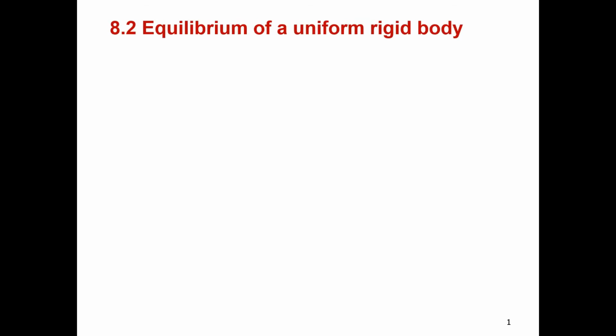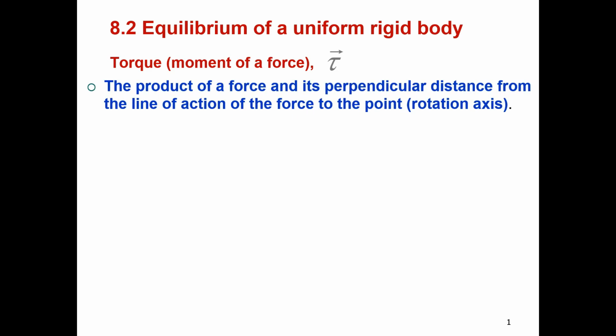The second subtopic in rotations of rigid body is equilibrium of a uniform rigid body. The first one that we're going to learn is torque, or moment of force. Torque can be defined as the product of the force and its perpendicular distance from the line of action of the force to the point or rotation axis.